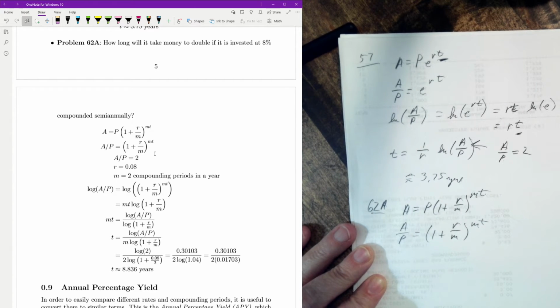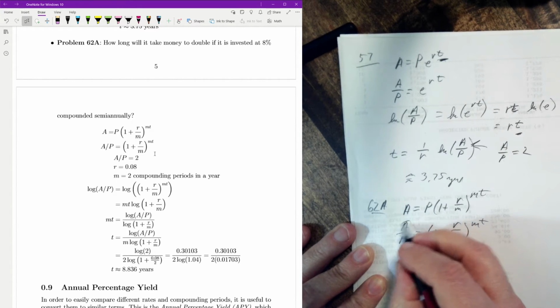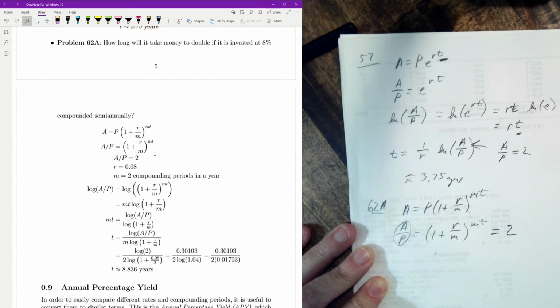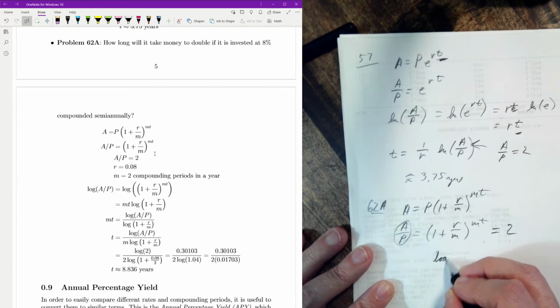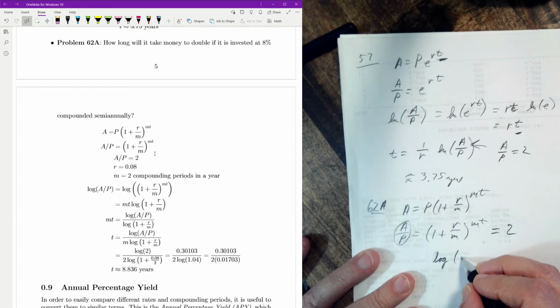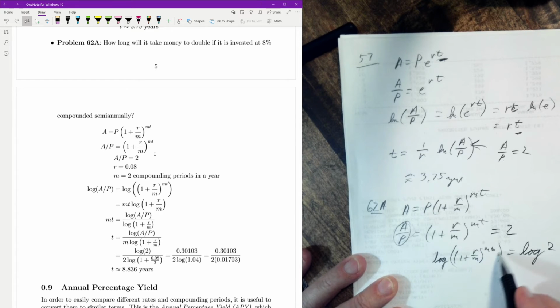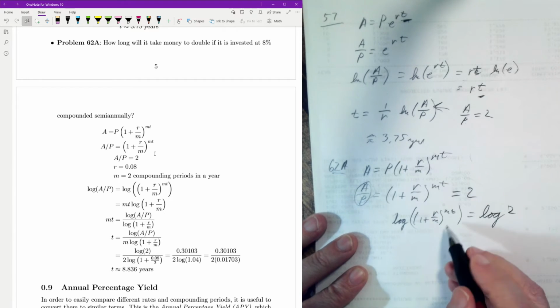Now, earlier I mentioned we want this to double, so we basically are setting this ratio, A over P, equal to 2. So this equals 2, right? Now, we take the log of both sides. Taking the log of both sides, we have log of (1 plus R over M) to the MT equals log of 2. Again, we're going to use the power rule like we did in the previous problem.